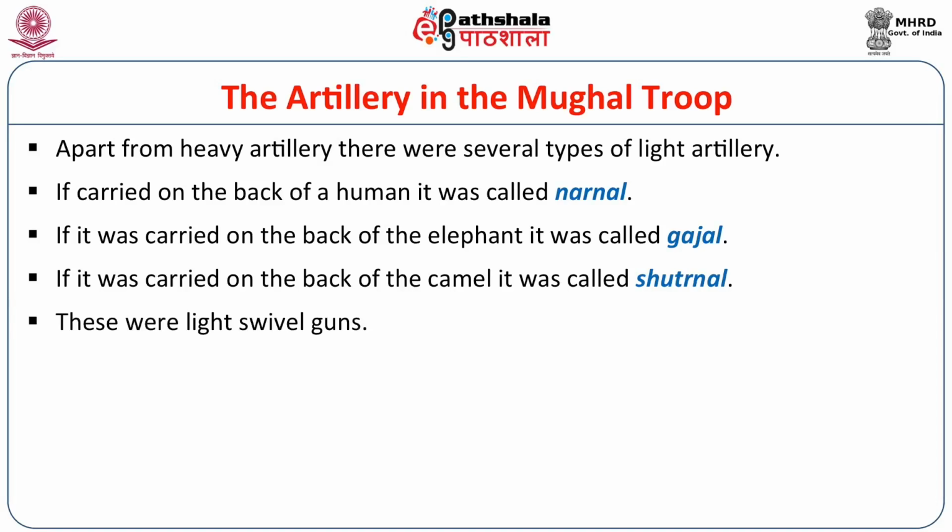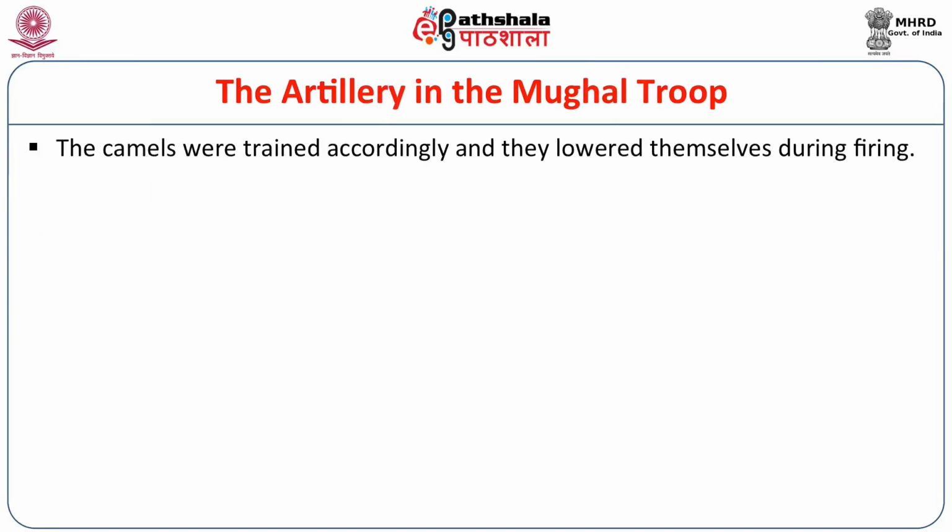There were light swivel guns too. Apart from these swivel guns, we had other types of artillery too. The camels were trained accordingly, and they had to lower themselves during the time of firing. So a kind of training of these animals was also perhaps done.